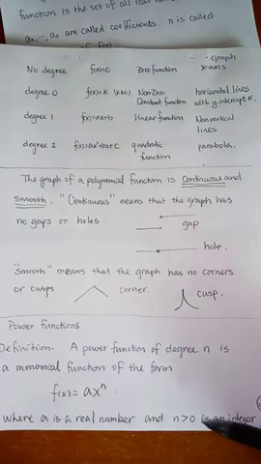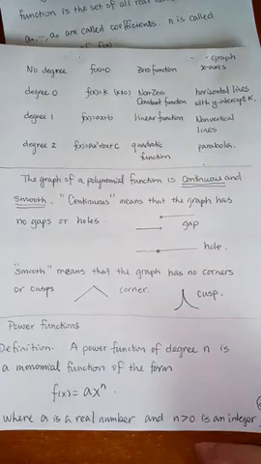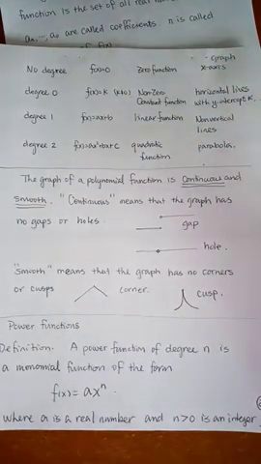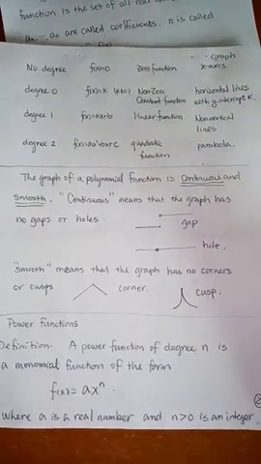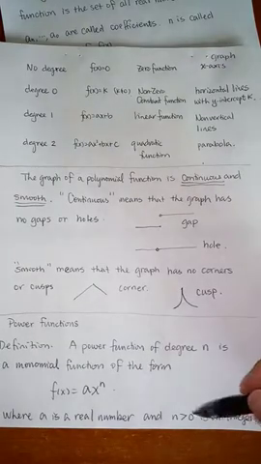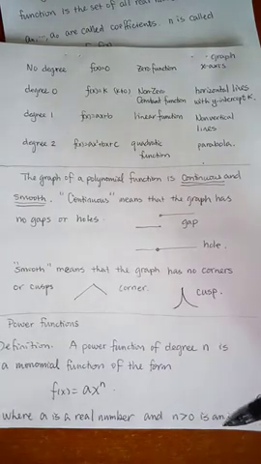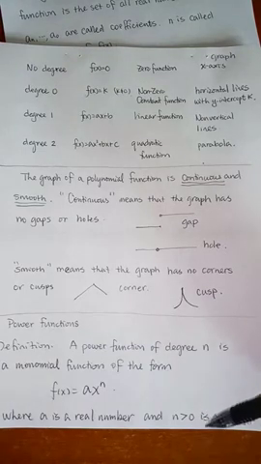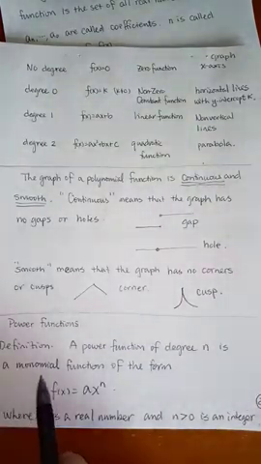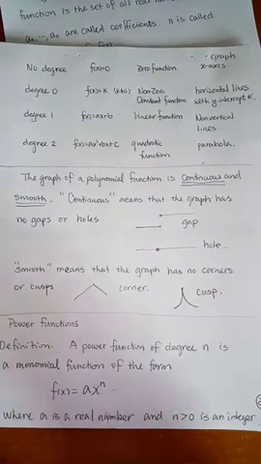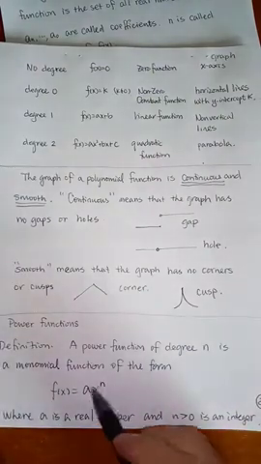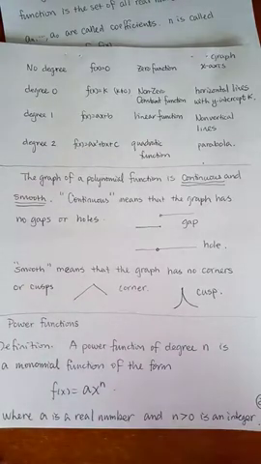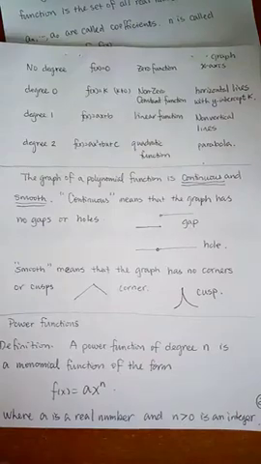That's why we want the degree strictly greater than 0. If it's equal to 0, then it's a constant function, which is not that interesting in the discussion. And monomial just means it has one term. You see here, it is just one term from the polynomial function. This is called a power function.